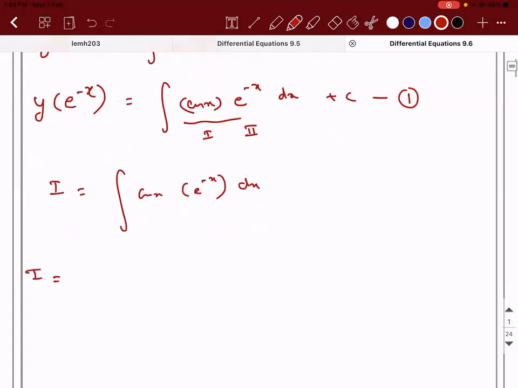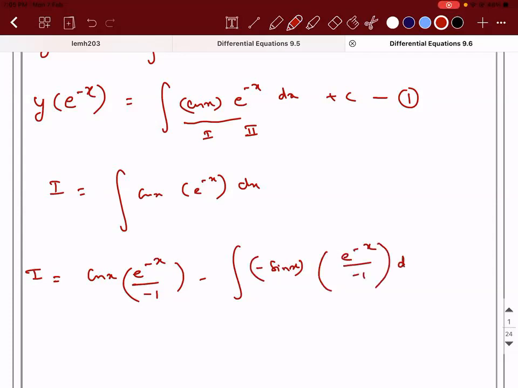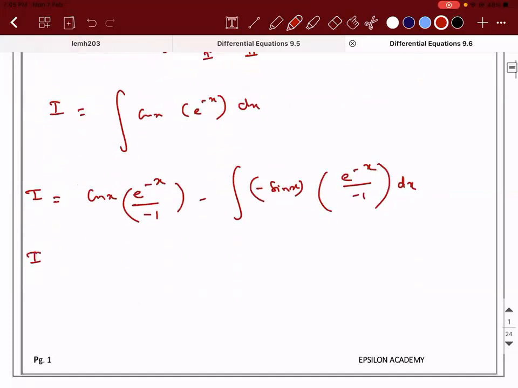So I will be equal to first function into integral of second function minus integral of derivative of first function into integral of second function times dx. So I will be equal to minus e power minus x cos x plus integral of, not plus actually, minus only, minus sin x into e power minus x dx.